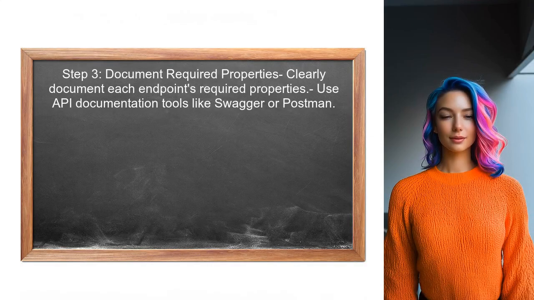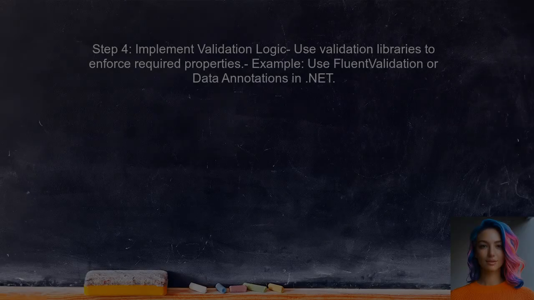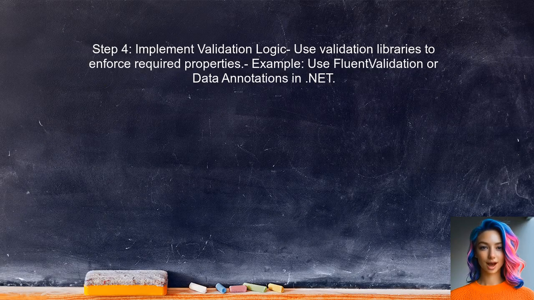Additionally, the user should document the properties required for each endpoint clearly. This will help consumers of the API understand what is necessary without confusion. Finally, the user can implement validation logic to ensure that only the required properties are sent in the requests. This will help prevent unnecessary data from being processed.